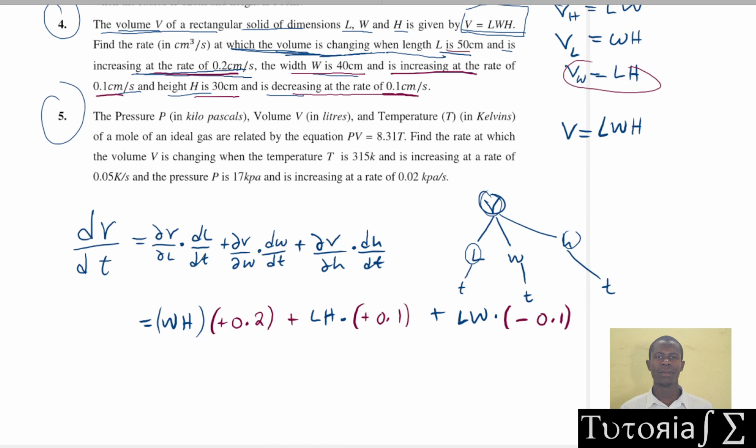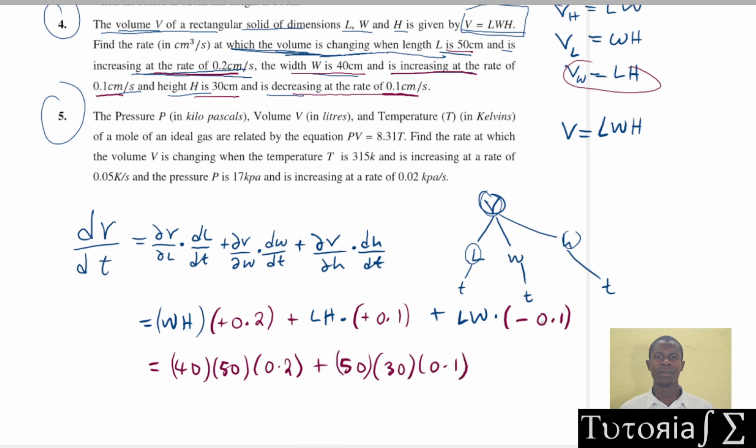So L is 50. So this will be equal to W. Where is W? W is 40. So that will be 40 times 50 times 0.2 plus L. L is 50. So that is 50 times H. H is 30 times 0.1.